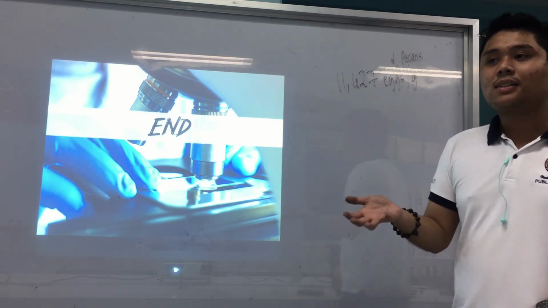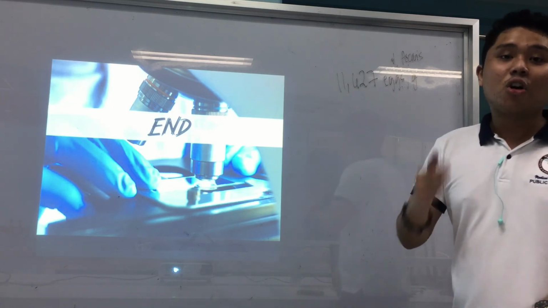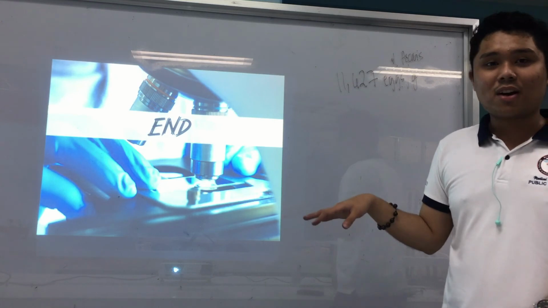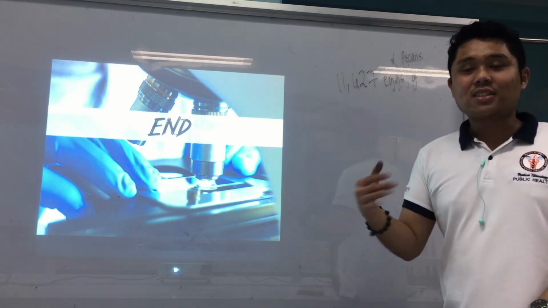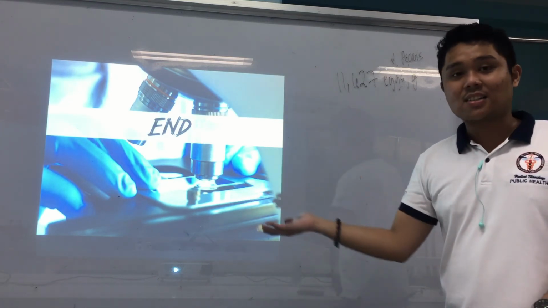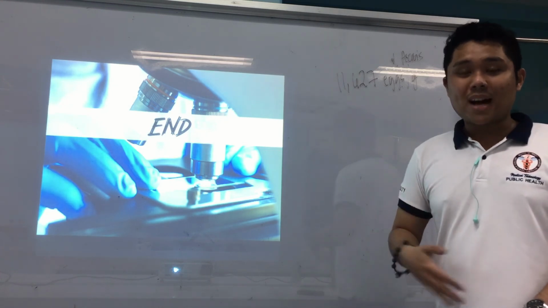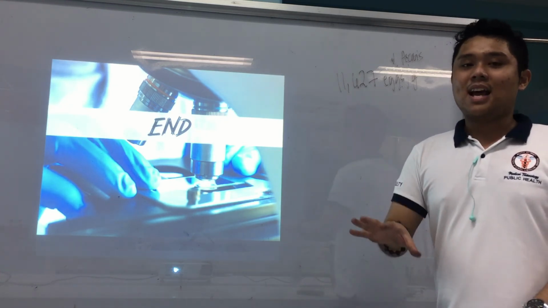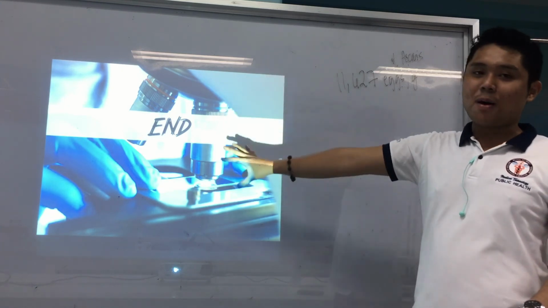I want to make sure that you can identify the eggs. But we will not discuss all of the helminths, just those that can be seen from fecal smears, so mostly intestinal nematodes, trematodes, and cestodes.